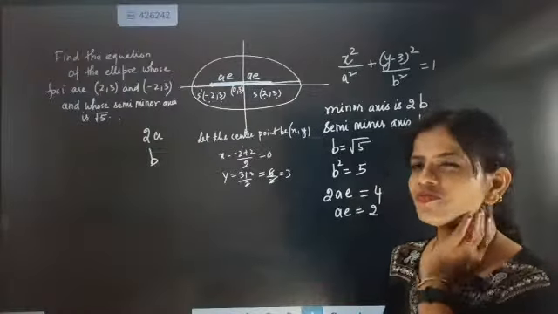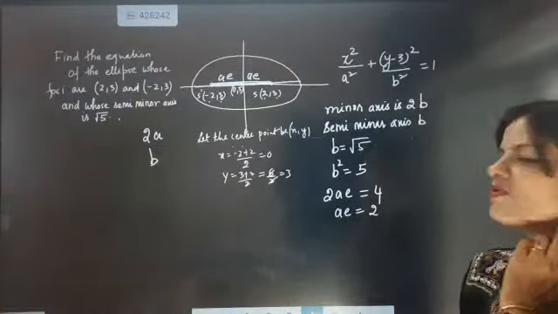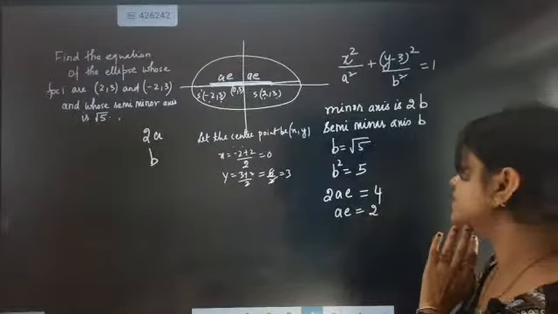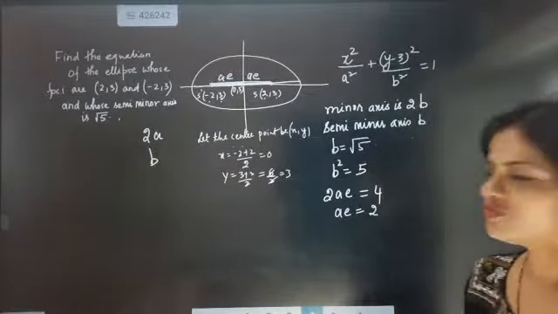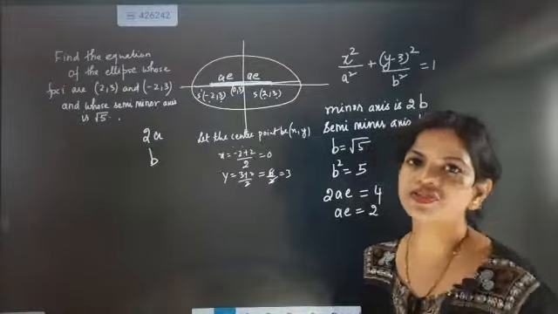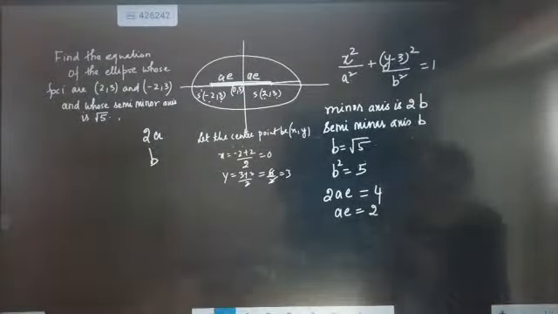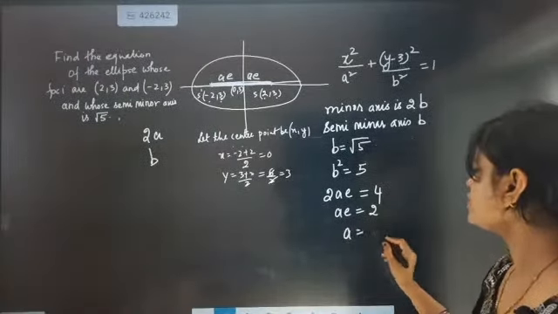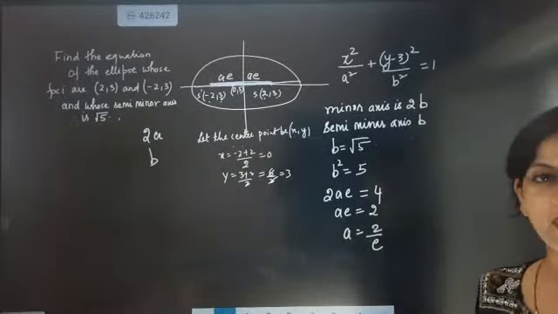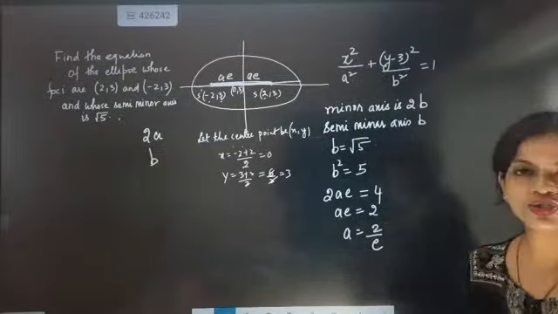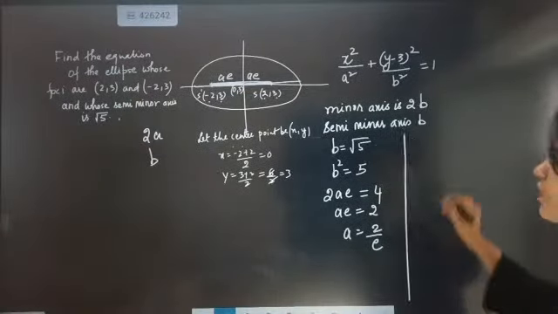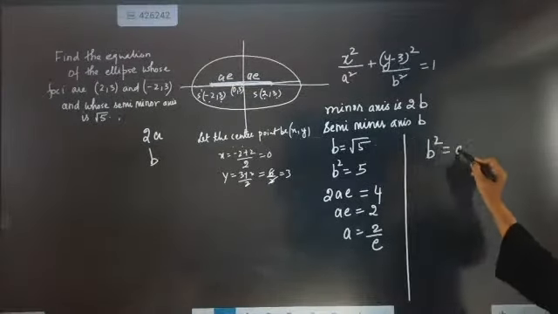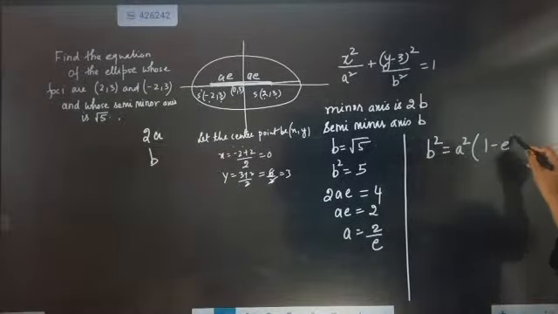Now we know some of the formula part: AE is equal to 2, b square equal to 5. The only thing that will connect our relation is that we can write A as 2 by E. Now we know one formula, b square equals a square into 1 minus e square.